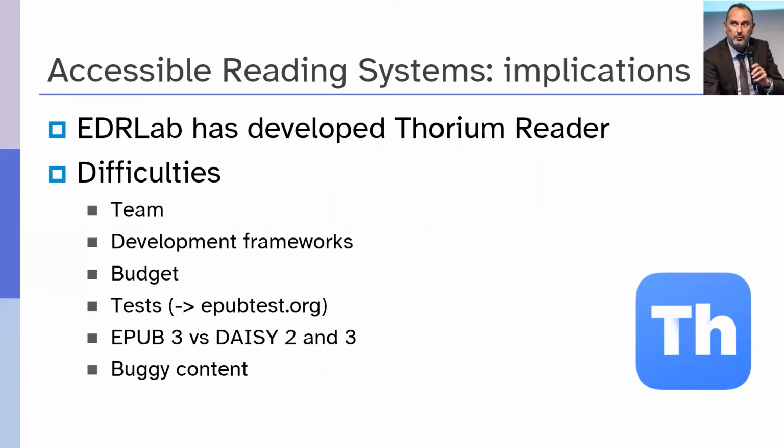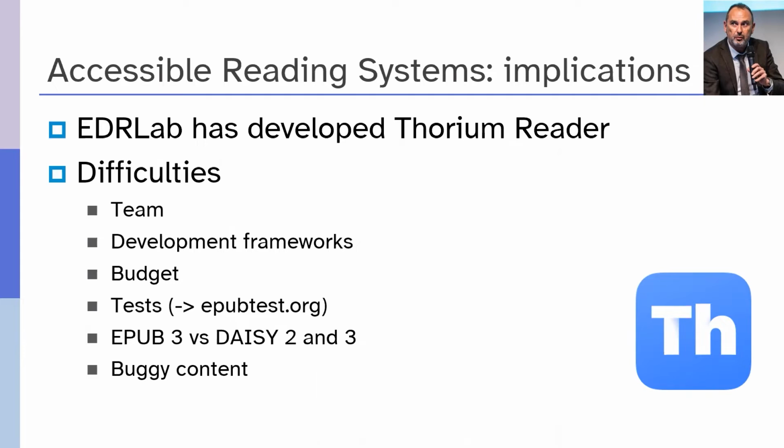The tests are complex because the app is complex, and it's easy to introduce regressions. But we are helped a lot by a small community of people. Some are blind, some are dyslexic, so they help us testing the system.